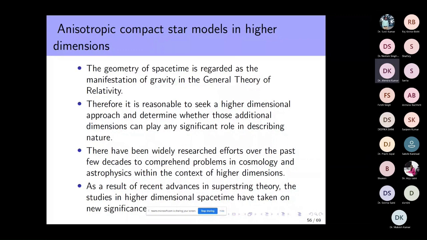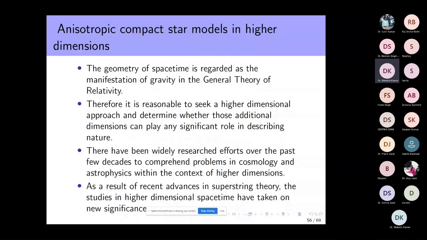Therefore, it is reasonable to seek a higher dimensional approach and determine whether those additional dimensions can play any significant role in describing nature. There have been widely researched efforts over the past few decades to comprehend problems in cosmology and astrophysics within the context of higher dimensions.